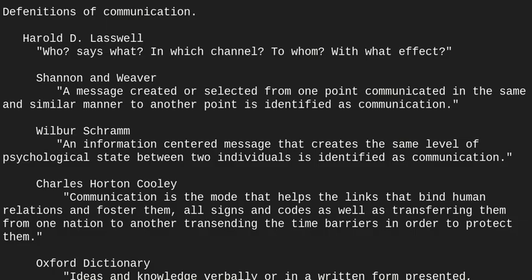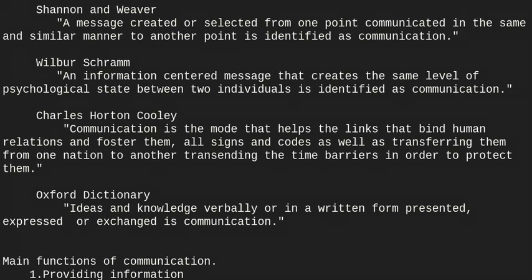Harold D. Lasswell says: who says what, in which channel, to whom, with what effect. Then Shannon and Weaver: a message created or selected from one point and communicated in the same and similar manner to another point is identified as communication. Bilbishram says an information-centered message that creates the same level of psychological state between two individuals is identified as communication.